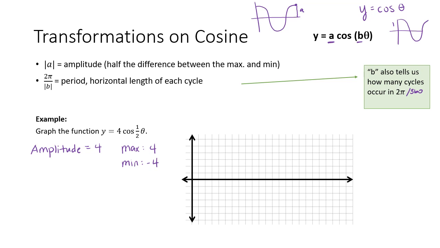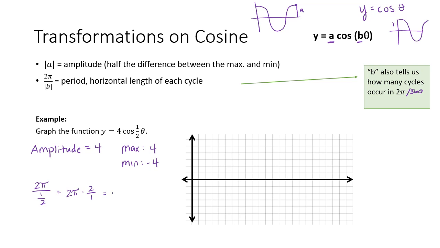Okay, what about our period? Well, let's use that formula, 2 pi divided by B. B here is actually 1/2, so 2 pi divided by 1/2. Ooh, a complex fraction. Let's see if we can simplify that. Well, we're dividing by this fraction 1/2, so we could also just multiply by the reciprocal, 2 pi times 2 over 1.